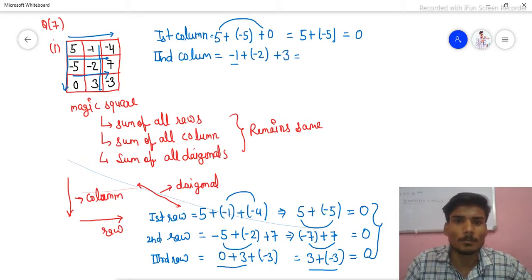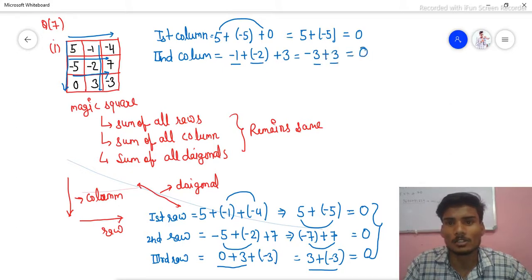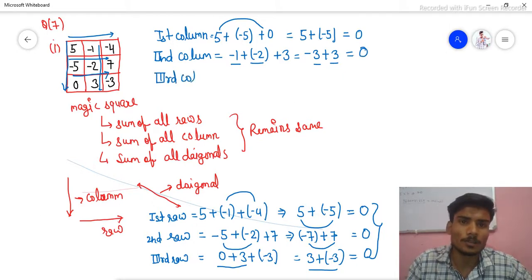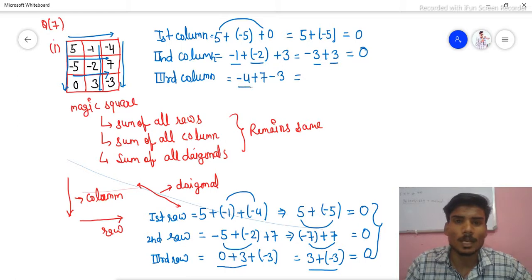Minus 1 and minus 2 is minus 3, plus 3, that will be 0. Then the third column: minus 4 plus 7 minus 3. Minus 4 and minus 3 is minus 7, plus 7, that will be 0. So the sum along all columns is also 0.